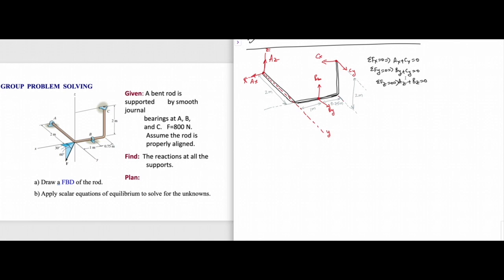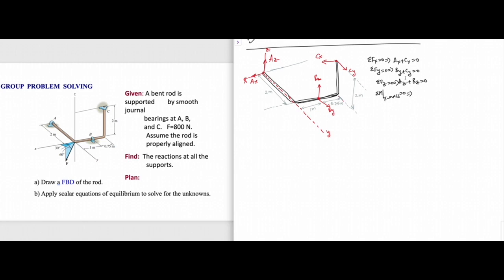Sum of moments with respect to x-axis is equal to 0 implies, tell me with respect to x-axis. Now we have some experience from the previous problem. With respect to the x-axis, what is the distance of AZ?